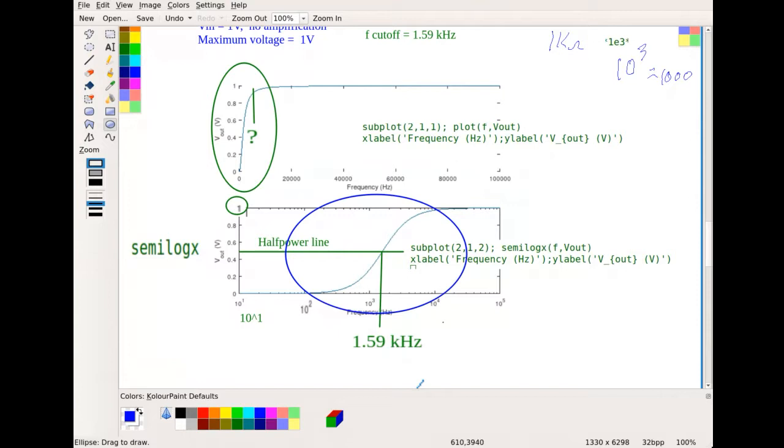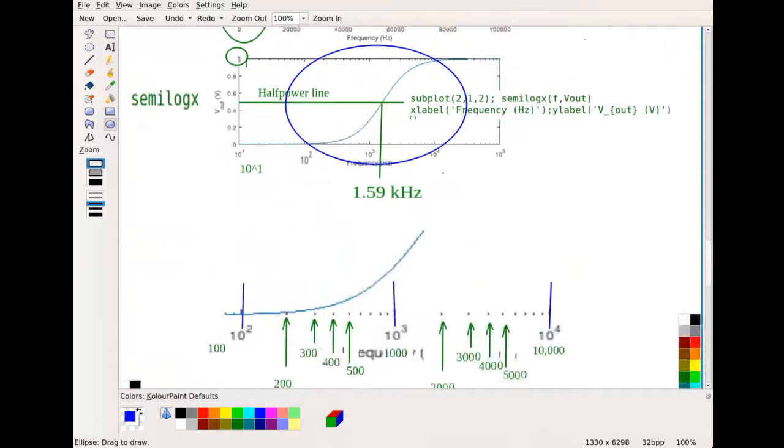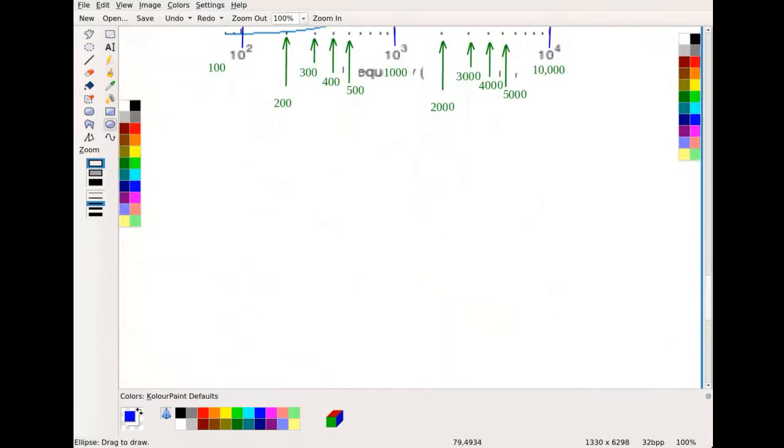Now, the other thing here is that I just plotted the voltage in volts. So the units of this were volts, not decibels. So if we go back through, I'm going to do the same plot, but I'm going to change it to decibels.